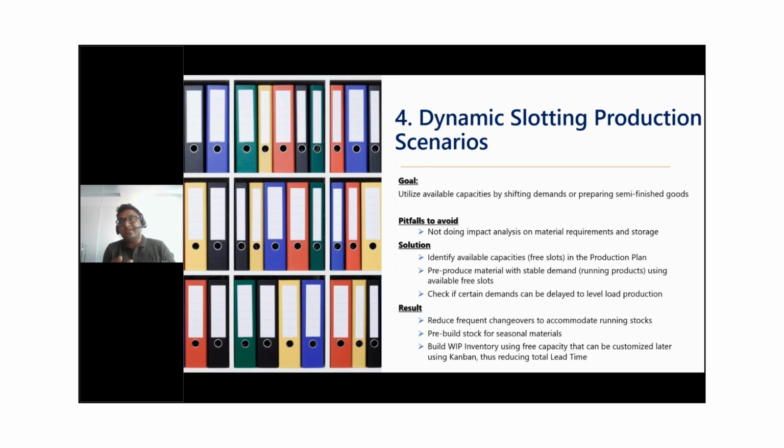Or there could be parts that fit into multiple other components, so they can be generic ones. You can keep building them using free capacity and then pull them into the demands when you have that work order. So all this can happen if you are doing a dynamic slotting scenario.